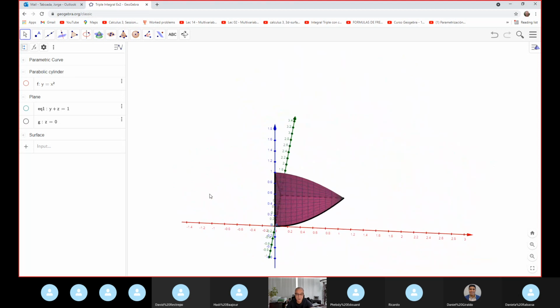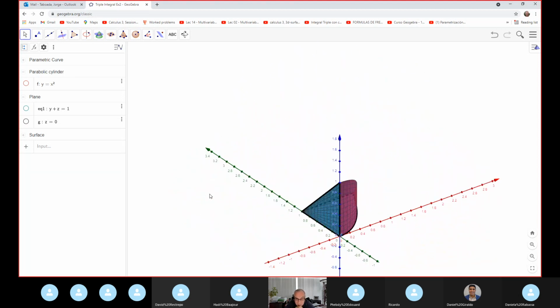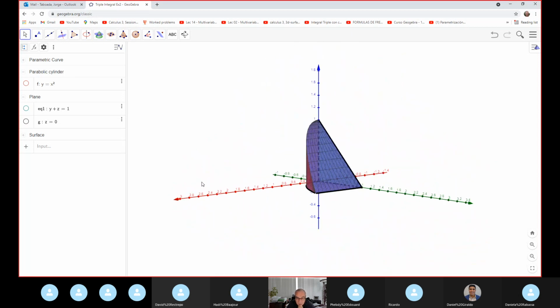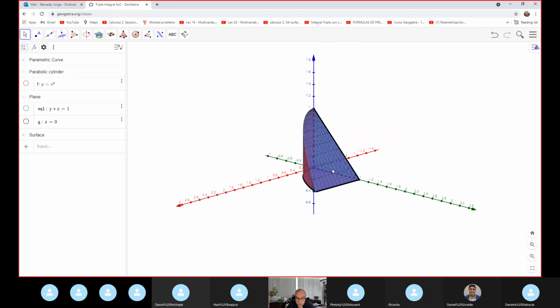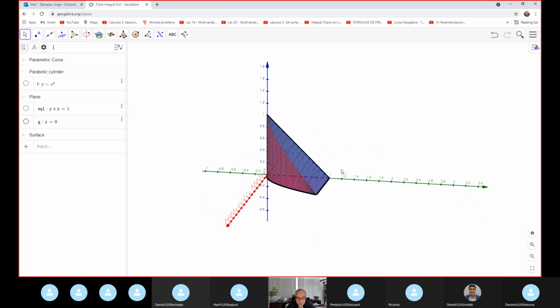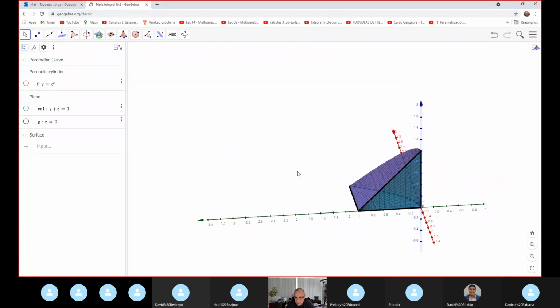Do you understand the solid? So the solid have for example, let me stop here. You see the purple color part is a plane. The red part is a piece of the parabolic cylinder, no? And the other is just a plane.